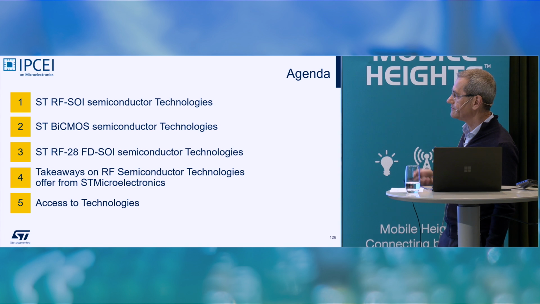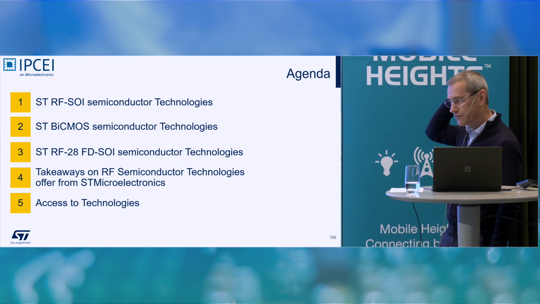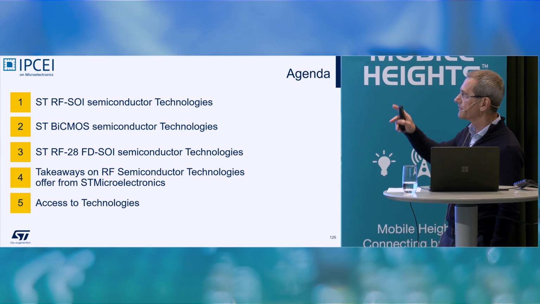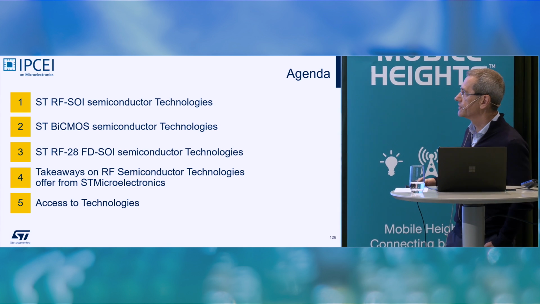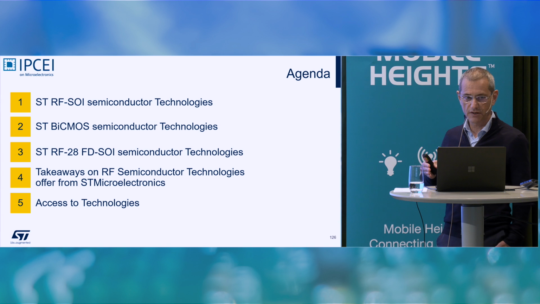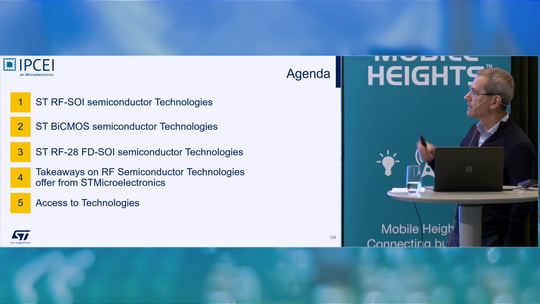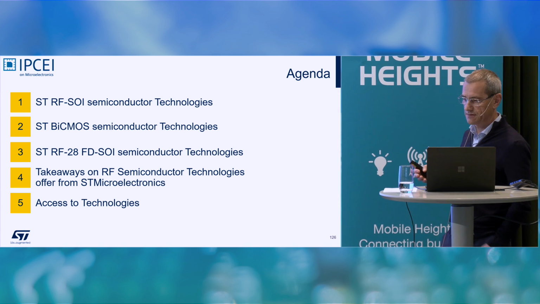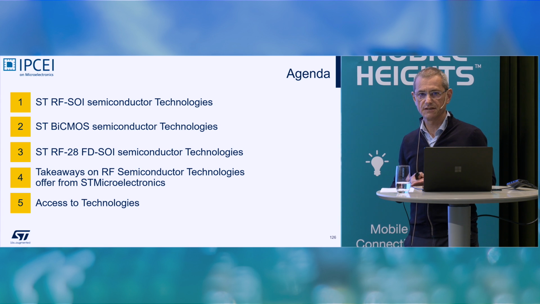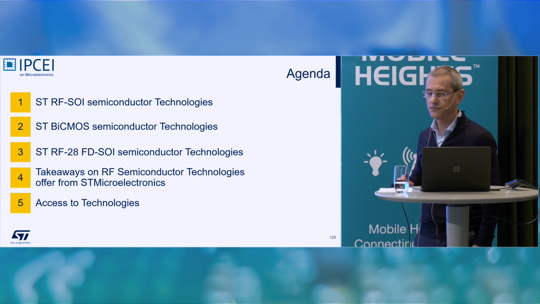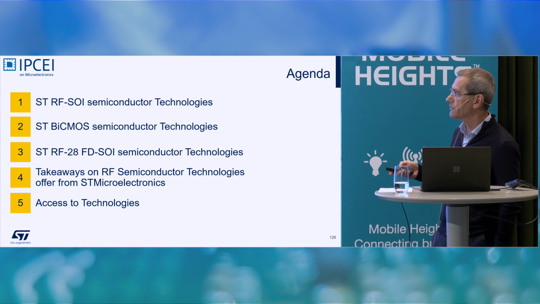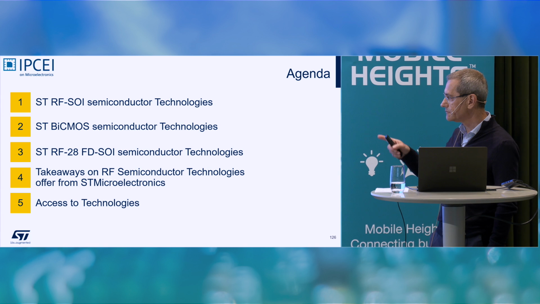So we have a bunch of technologies at ST. First is the RF SOI semiconductor technology based on SOI wafers with silicon. Then the BiCMOS technology, which uses silicon germanium bipolar transistors with standard CMOS for the digital part or also analog devices.